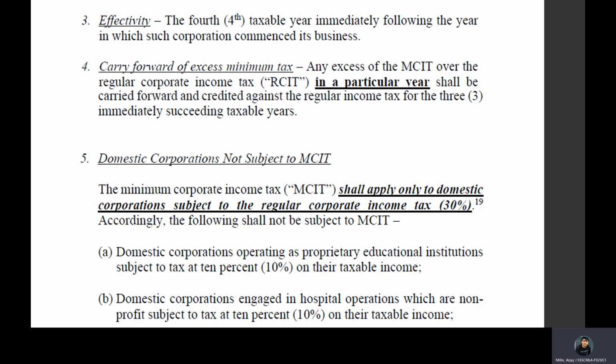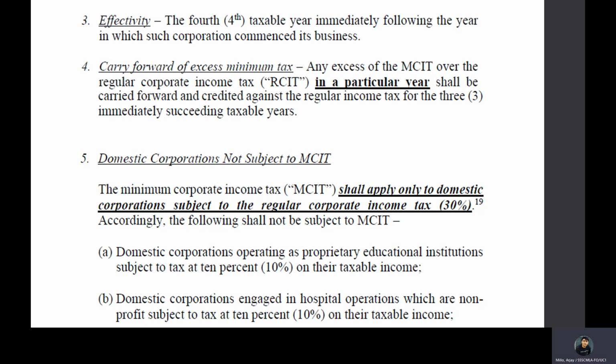Kasi maraming mga capital expenses. So doon talaga yung bugso ng mga expenses mo. Kaya most probably loss position ka during the first 3 years. Kaya yun yung grace period na binibigay ni government. Kaya during the first 3 years, hindi ka pa i-iimpose-an ng minimum corporate income tax. However, in the fourth taxable year, doon na mag-start yung applicability ng MCIT mo.